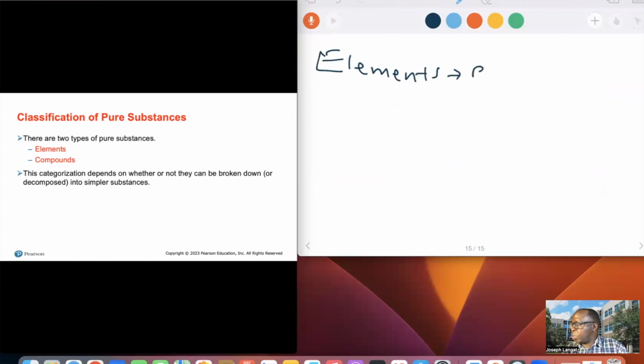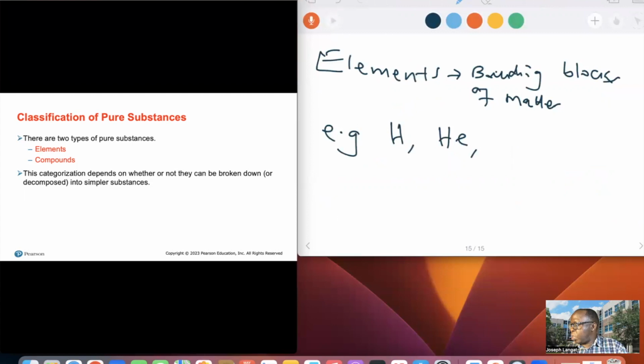These are just building blocks. We can call this the building blocks of matter, e.g. hydrogen, helium, sodium, oxygen, sulfur, anything you can think of.